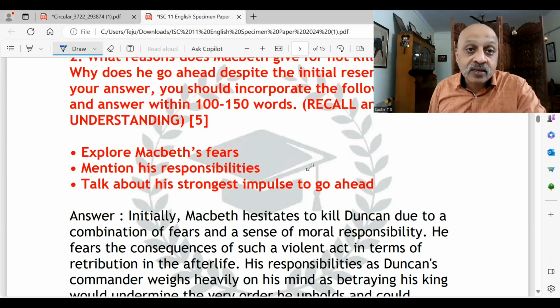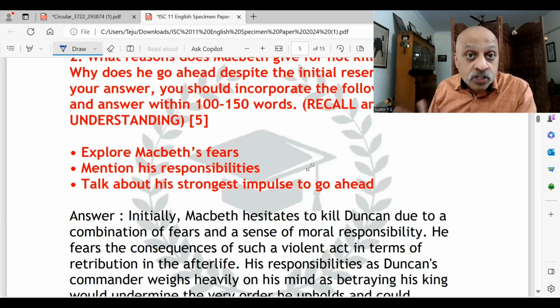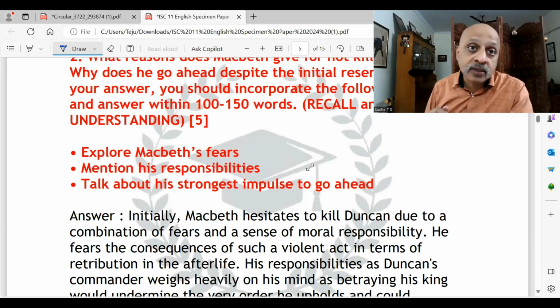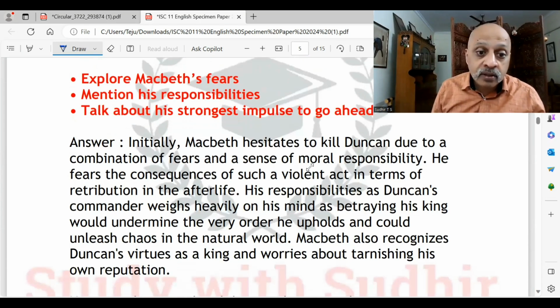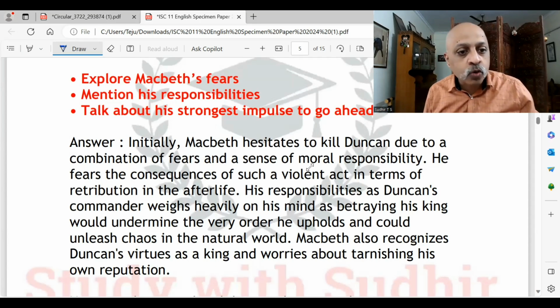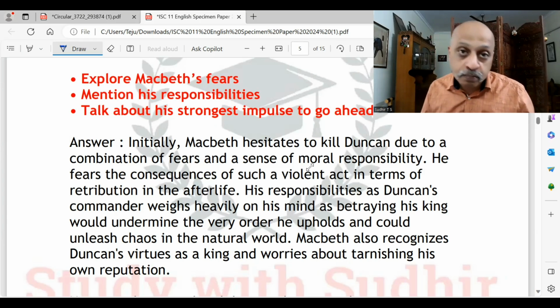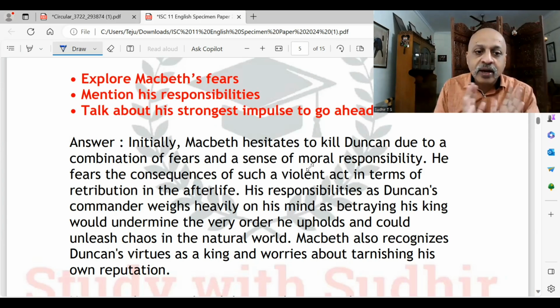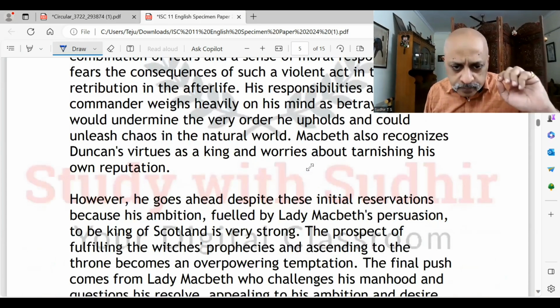His responsibilities as Duncan's commander weigh heavily on his mind because, after all, he's entrusted with the responsibility of taking care of Duncan's well being, right? As betraying his king would undermine the very order that he upholds and could unleash chaos in the natural world. Macbeth also recognizes Duncan's virtues as a king and worries about tarnishing his own reputation. So, अगर आप इस तरह का एक comprehensive answer दे देंगे, you will be fine.